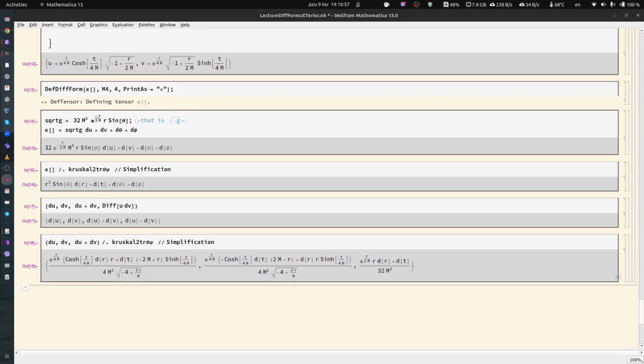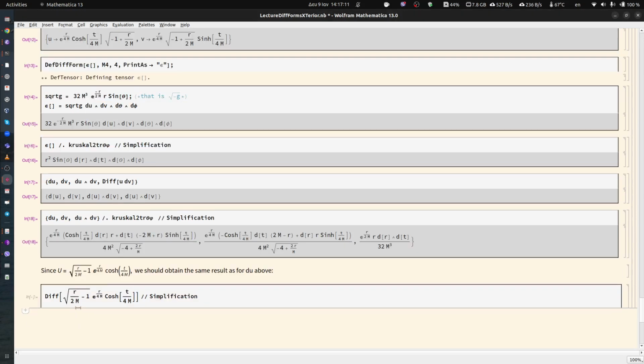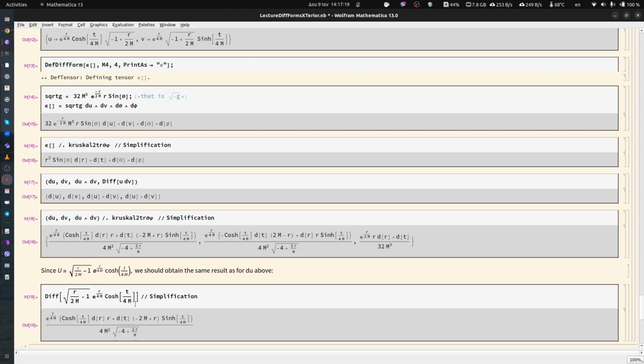This is the result. And as a check that we're doing things correctly, let's take the d of this and see whether we obtain the same result as above. And indeed we do.